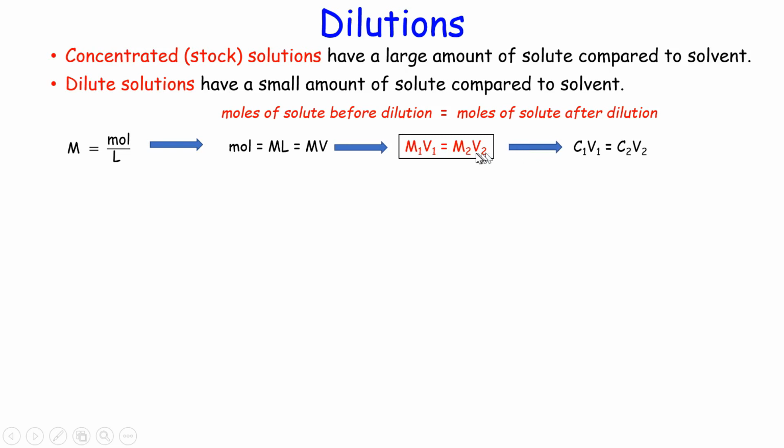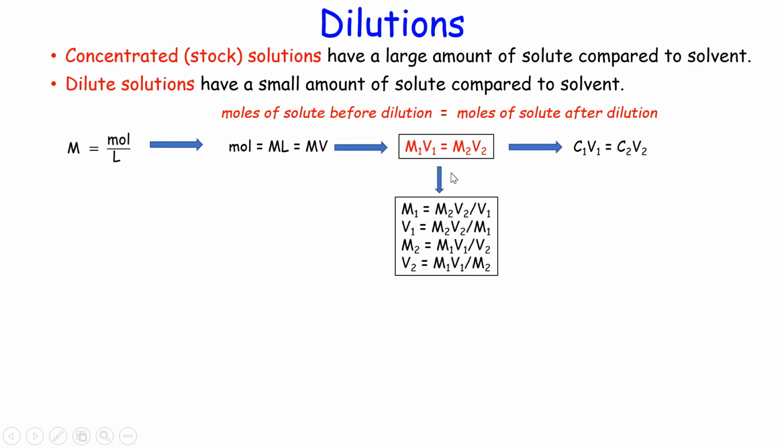And here, M is molarity, but if you use this specific equation, you don't necessarily always have to use molarity. You can use any other concentration. That should be fine. That's why we can also write C1V1 equals C2V2. Okay, but let's stay with molarity. From this one key equation, you should be able to develop 4 other related equations.